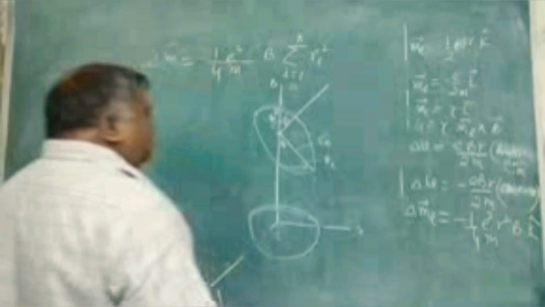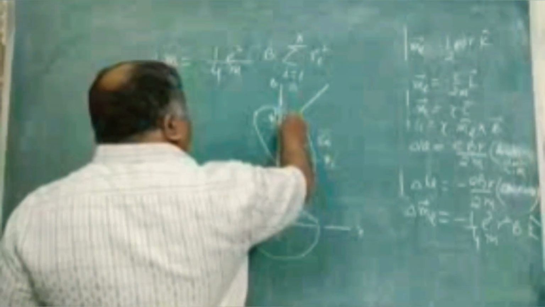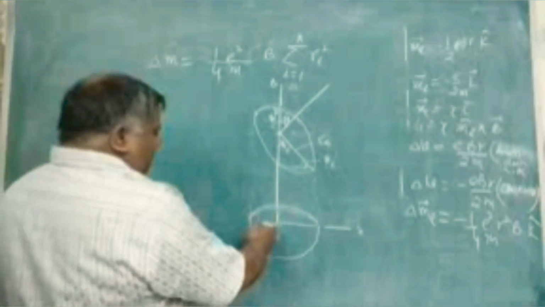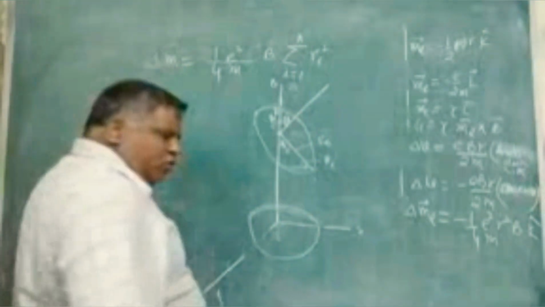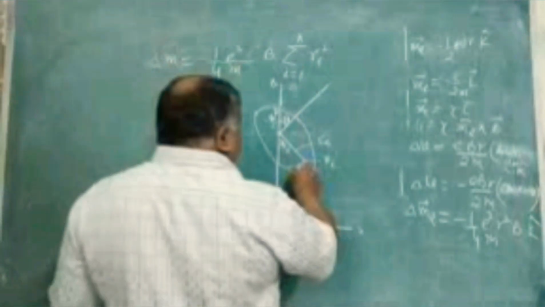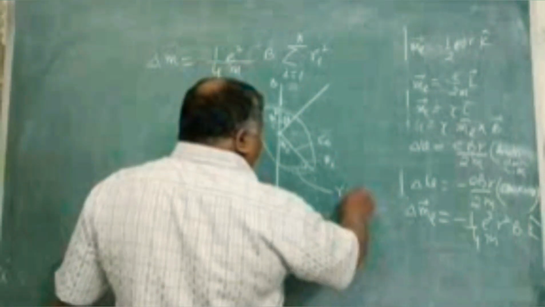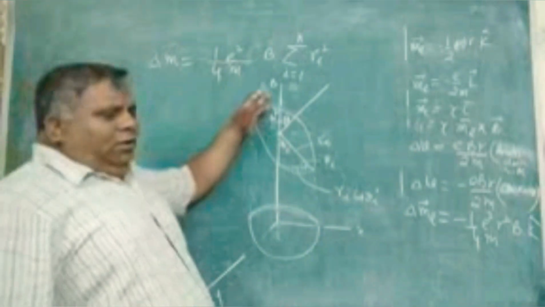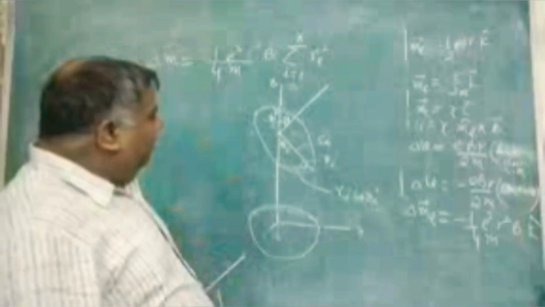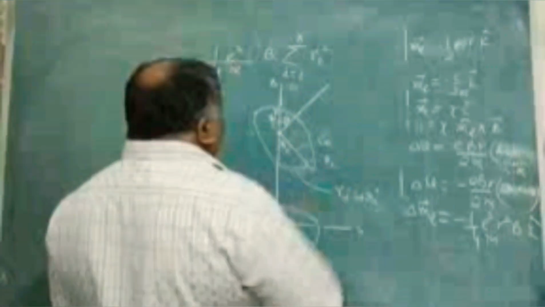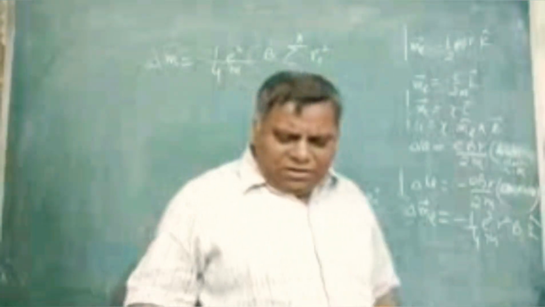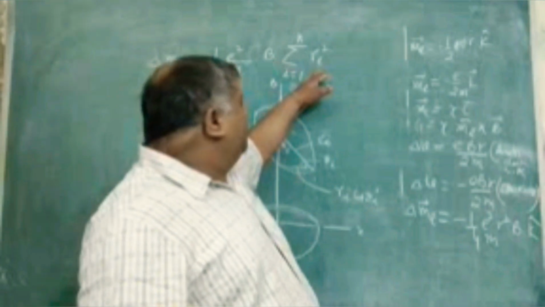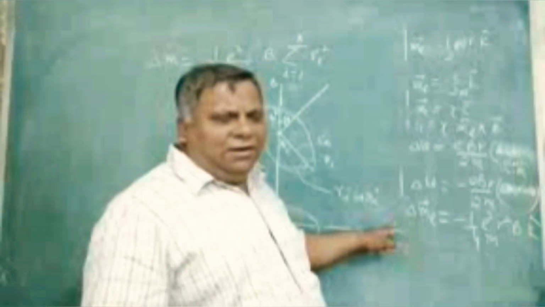For ith orbit it is theta i. So the radius of this projected circle is Ri cos theta. So in the general situation, we must replace this Ri by Ri cos theta i.